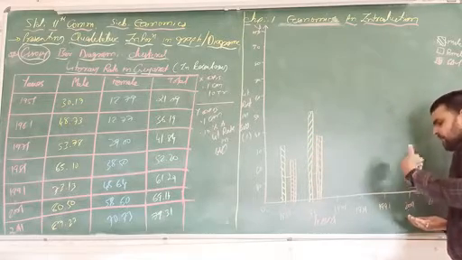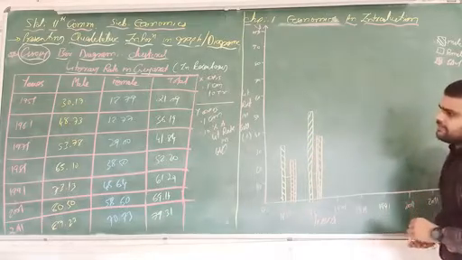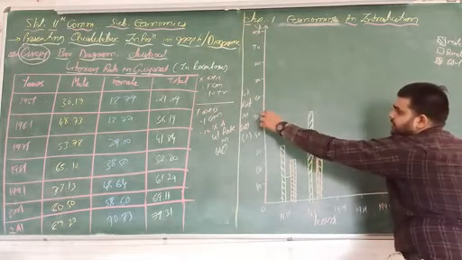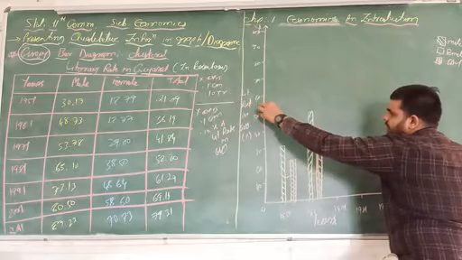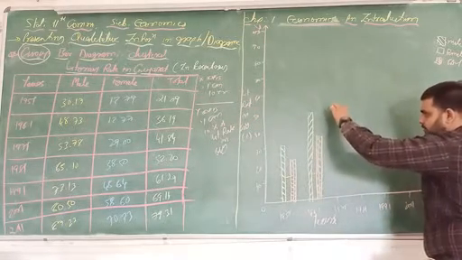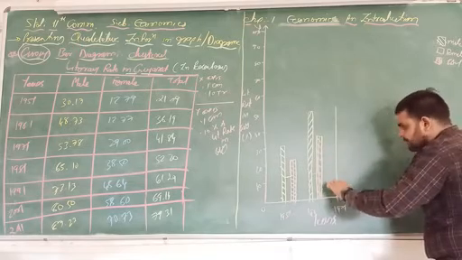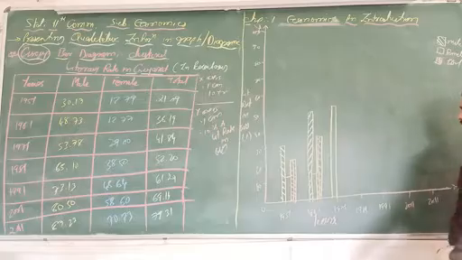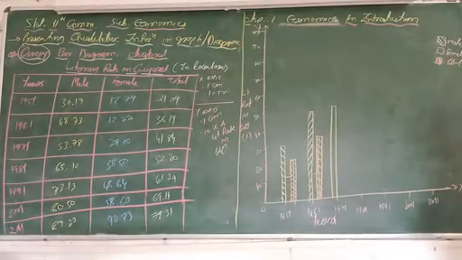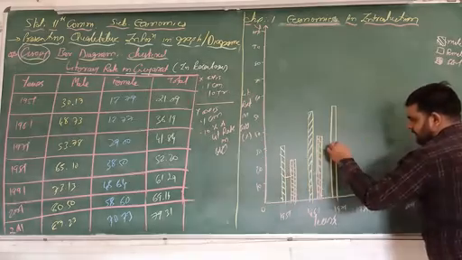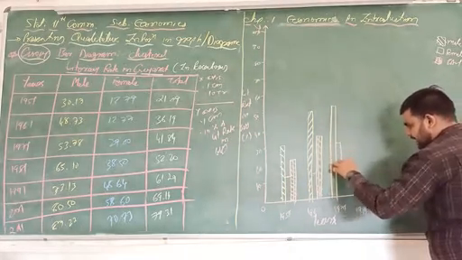Okay, same as 71. In 71, 53.78. So here 53 in between this, so we have to take here 53. Okay, in female, how much? 29. So between here 29.